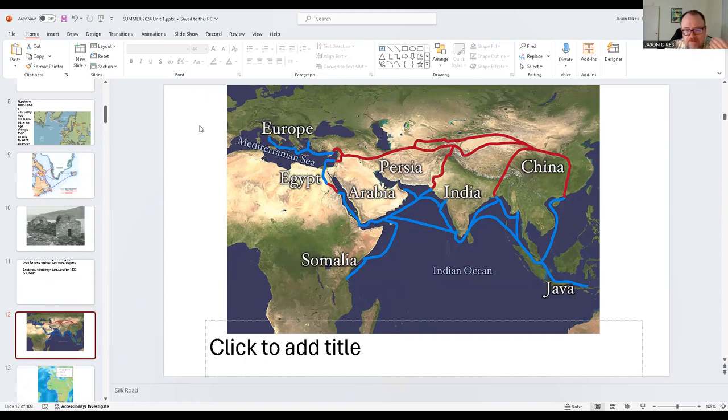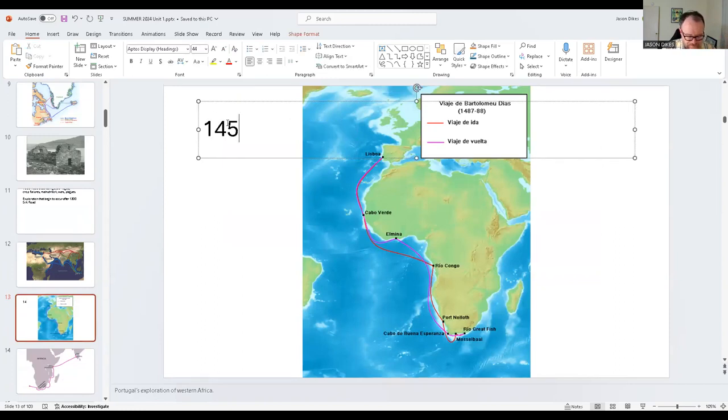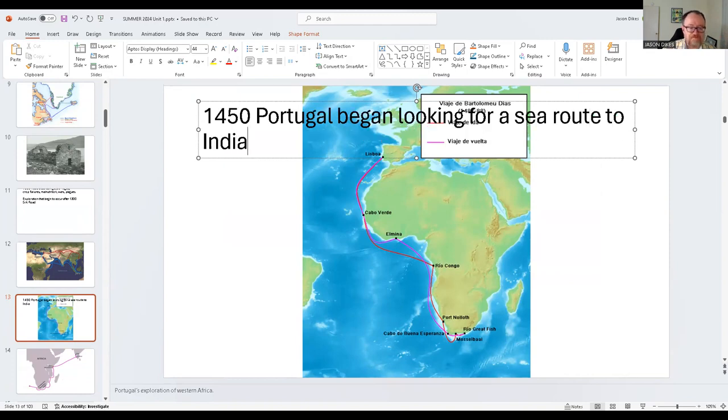Nations over here like Spain, France, Portugal. Portugal struck out first. In 1450, Portugal began looking for a sea route to India.